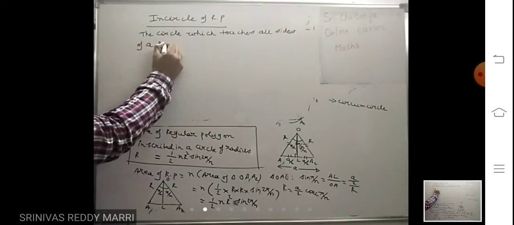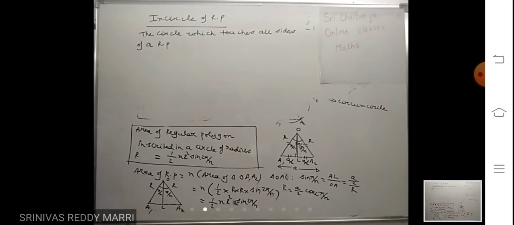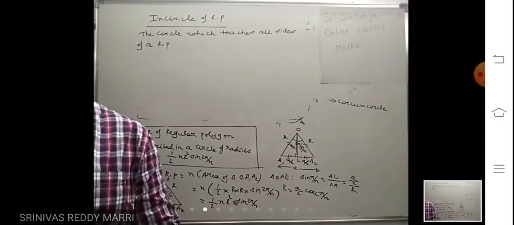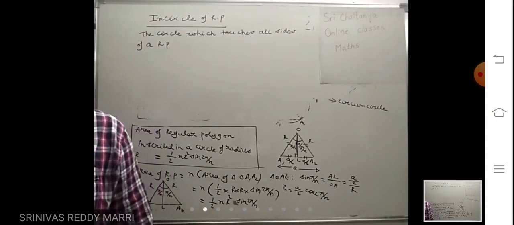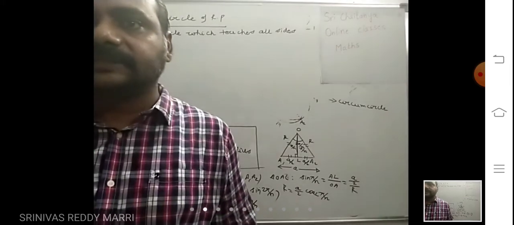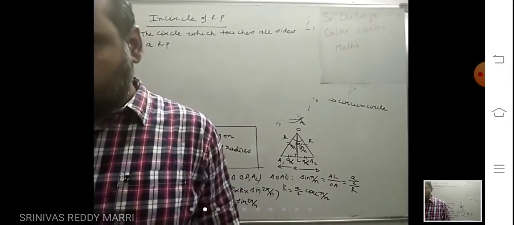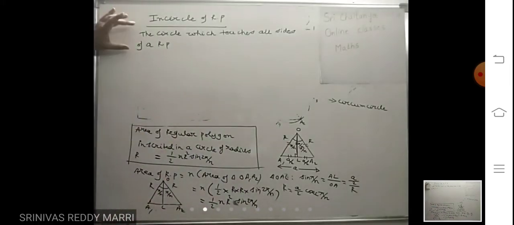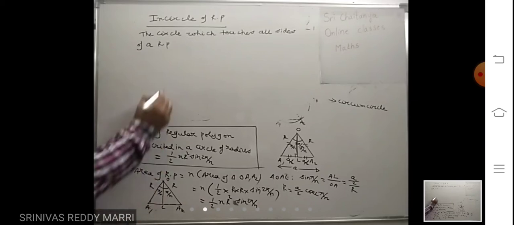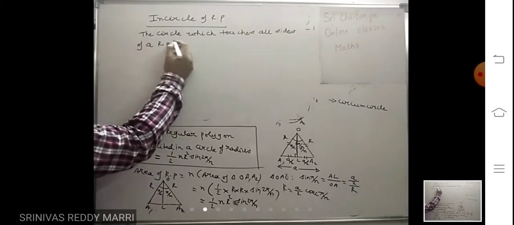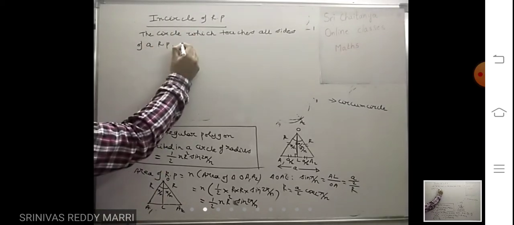of a regular polygon. Just like in the triangle, what is the in circle of the triangle? The circle which touches all the sides of the triangle. Similarly, the circle which touches all the sides of the regular polygon is called the in circle.